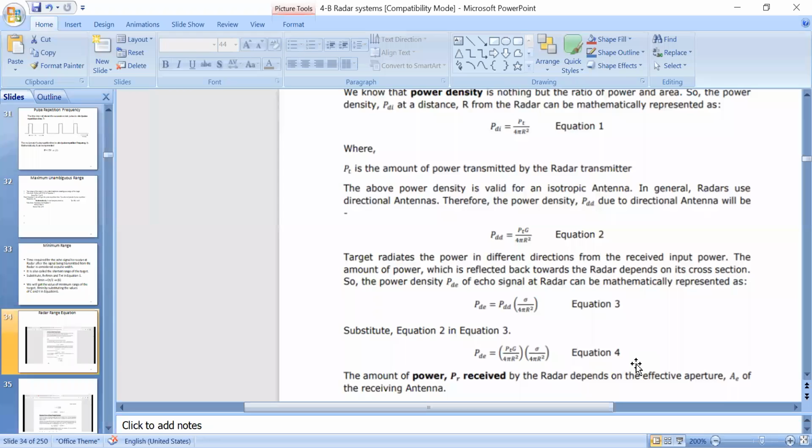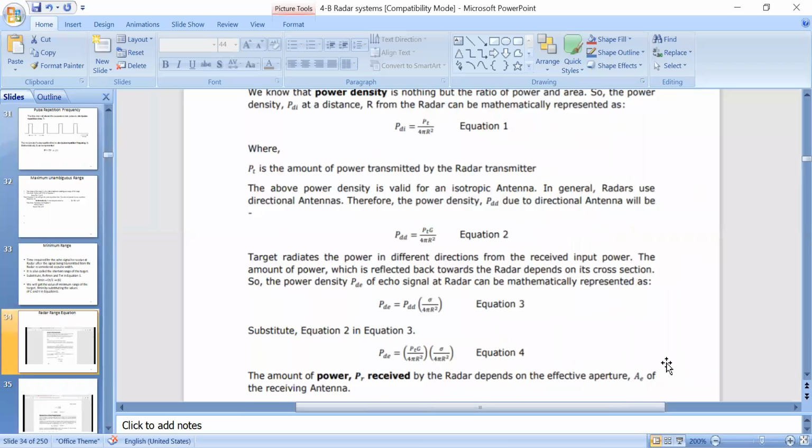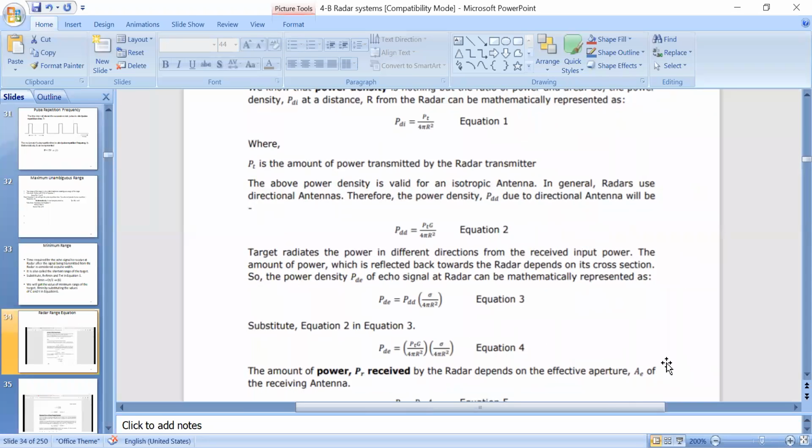In the next assumption, we are considering the received power. The amount of power received is denoted with the letter PR, and it depends upon the effective aperture of the receiving antenna. We know that concept in antenna and wave propagation, because the power received by the receiving antenna depends upon its effective aperture, which is denoted with the letter AE.